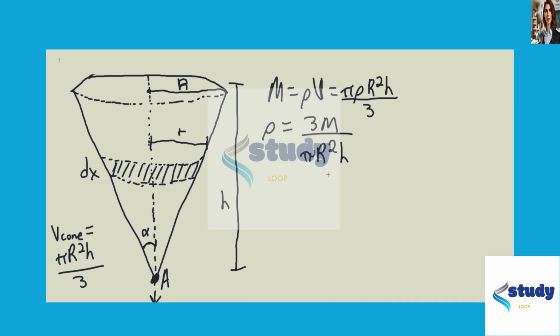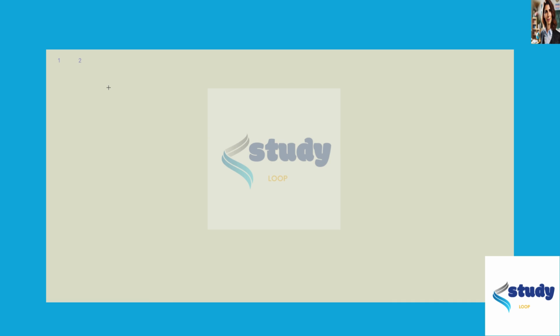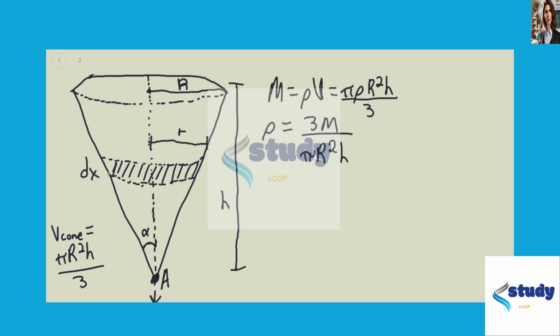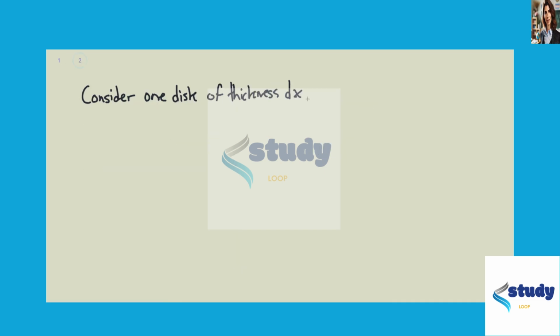So in this case, we can say, okay, let's get a new workbook and consider one disk of this cone of thickness dx, which we have labeled here in the diagram. And then we'll say at a distance x away from vertex A, r is going to be equal to x tan of alpha.